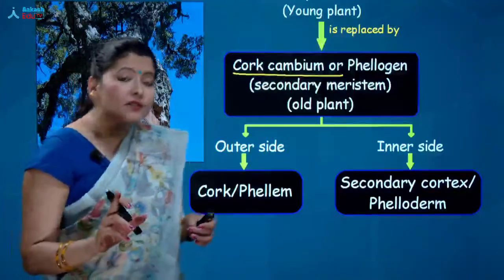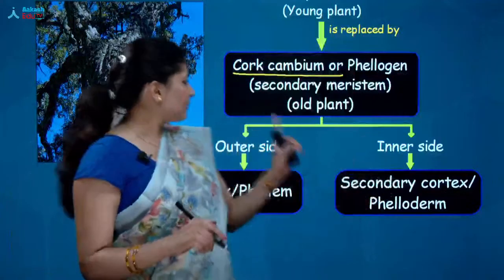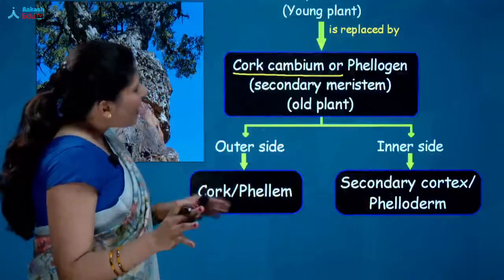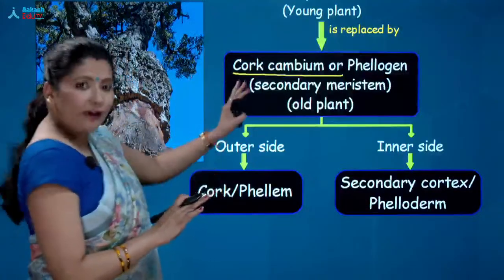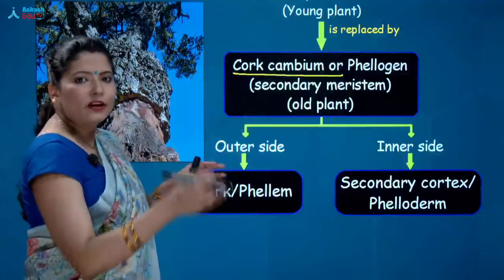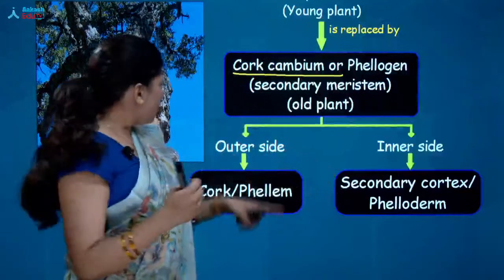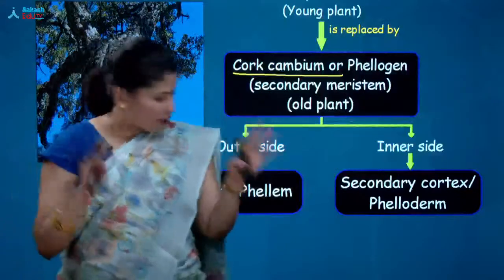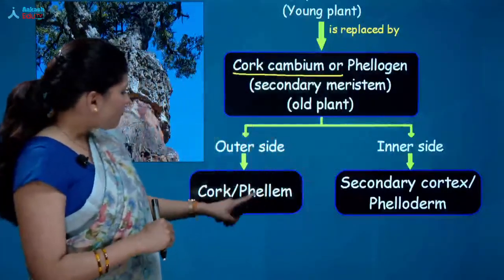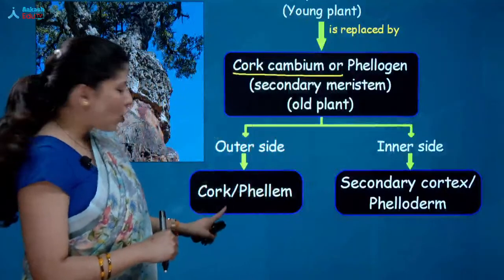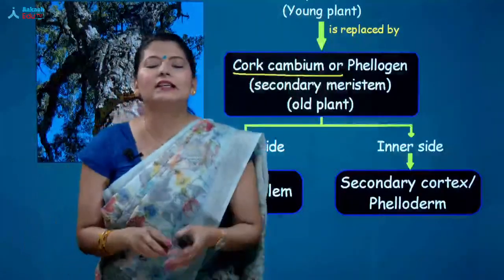In our young plants, what is there? Epidermis, all right. Then what happens later, this cork cambium gets differentiated. It further divides and forms two layers. On the outer side, it forms the cork. Let's understand in this way.